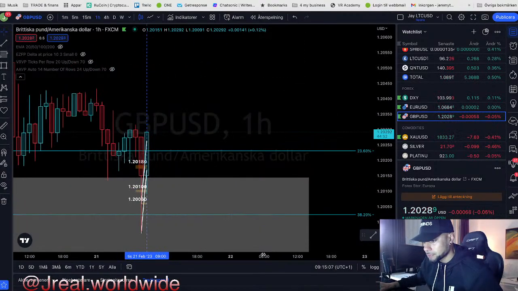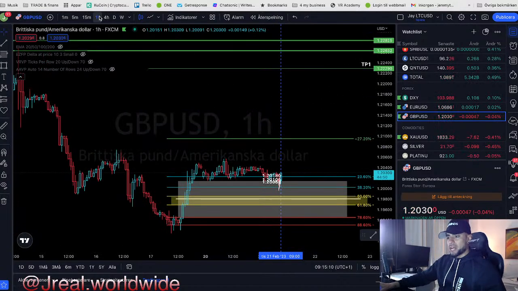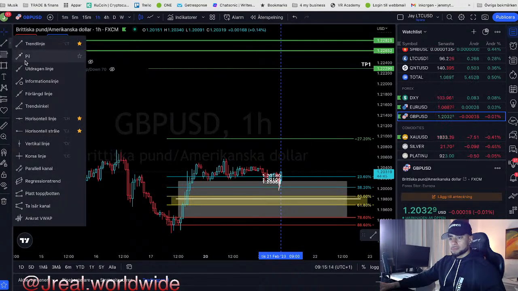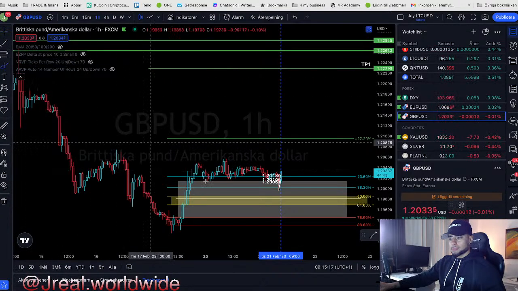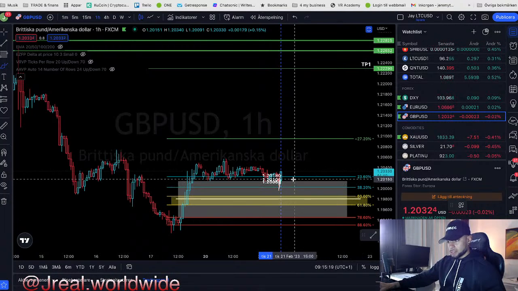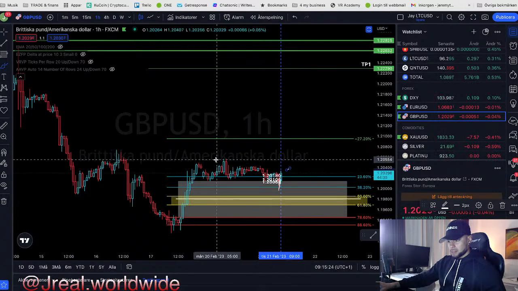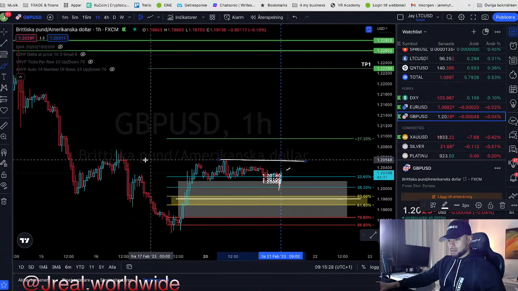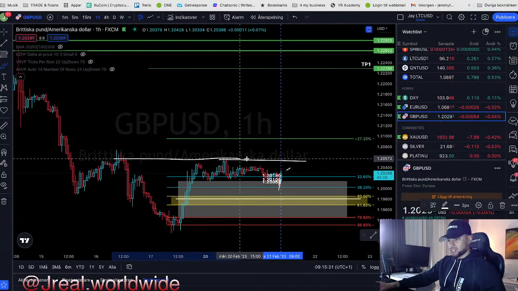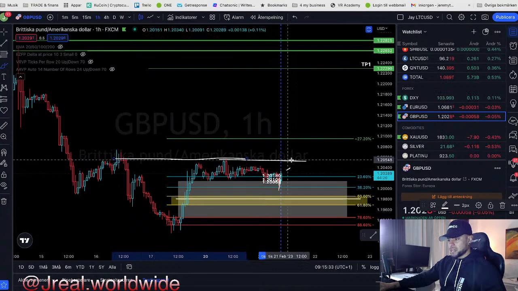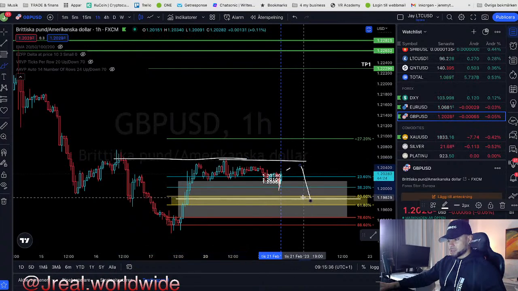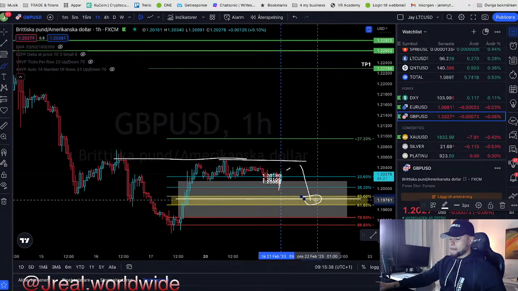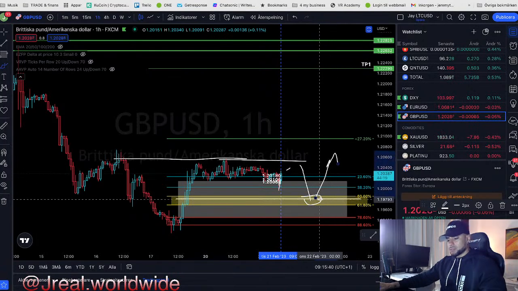Now, before that happens, I wouldn't be surprised if we see something like this. A test of these tops here. So we would see the market test these tops because we got a lot of resistance here, and from there drop down to this liquidity zone to then maybe move upwards.